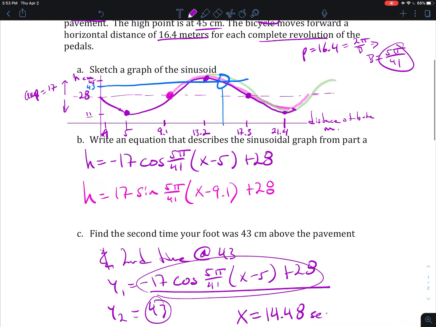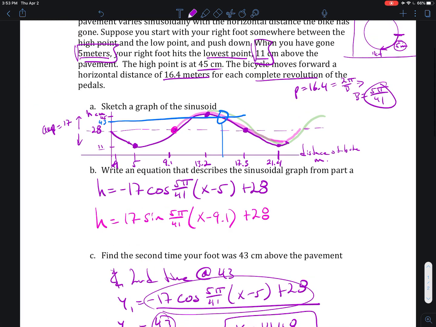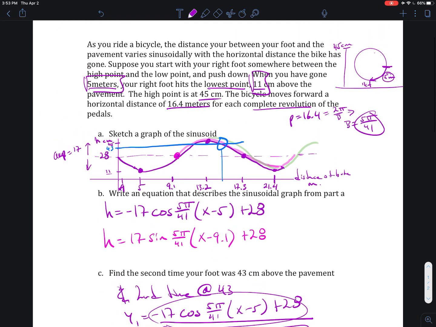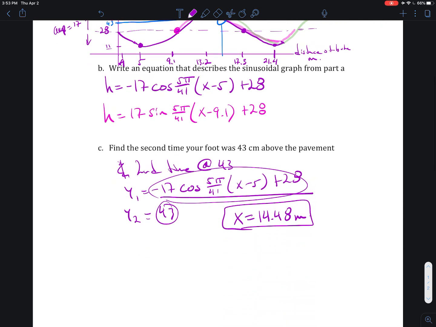It's not time, it's the meters. So when the bike has gone that far, that is when your foot is going to be 43 centimeters high for the second time, given the parameters of this question.